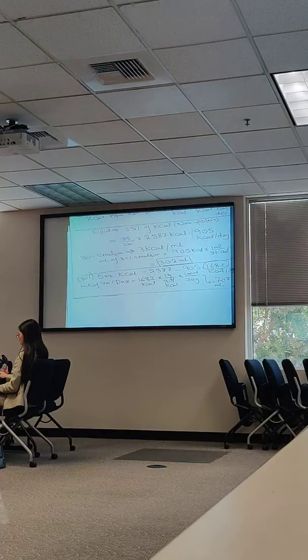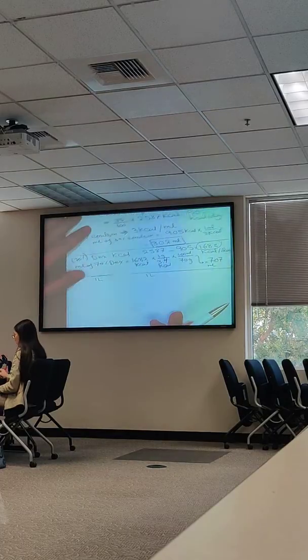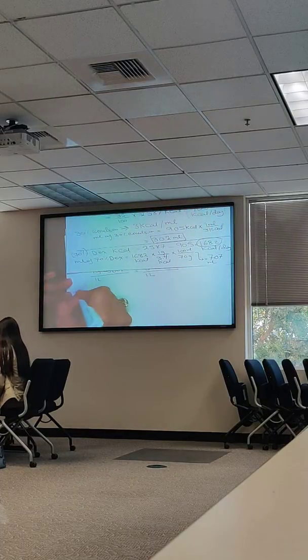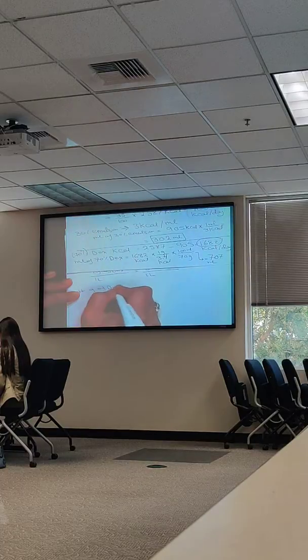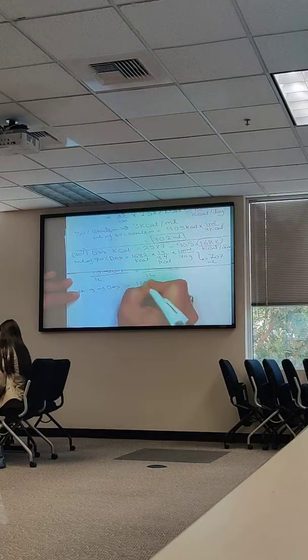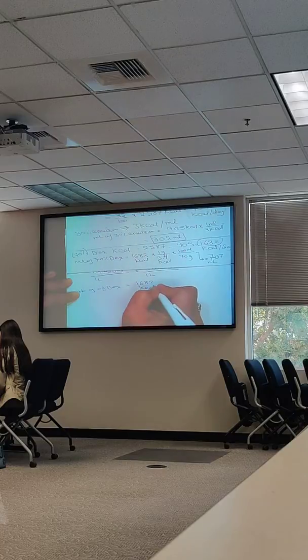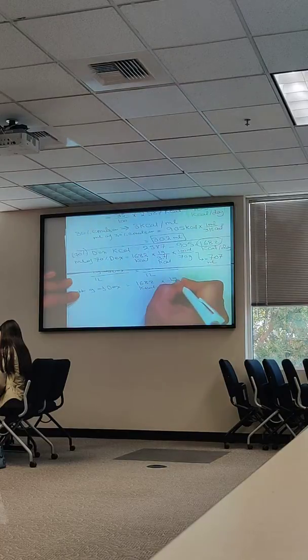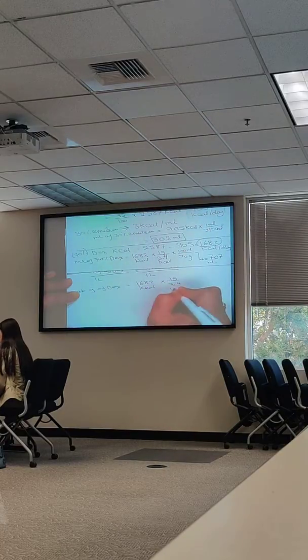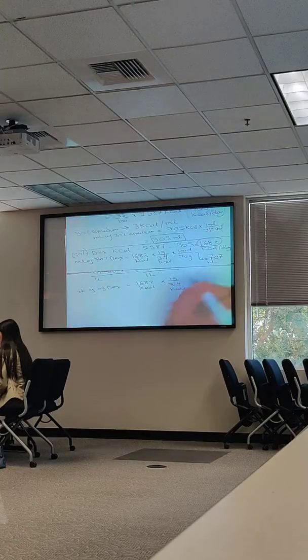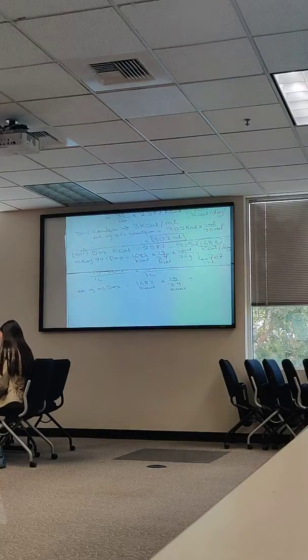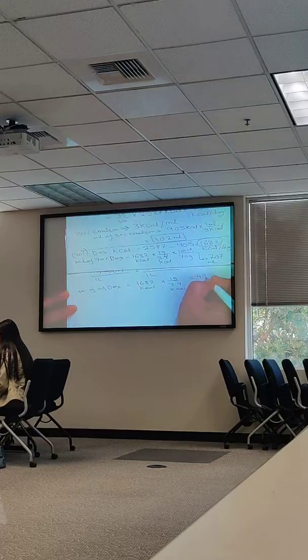So if I want to figure out the number of grams, it will be 1682 kilocalories times 1 gram over 3.4 kilocalories. So that will give us 1682 divided by 3.4. The answer is 495 grams, right?